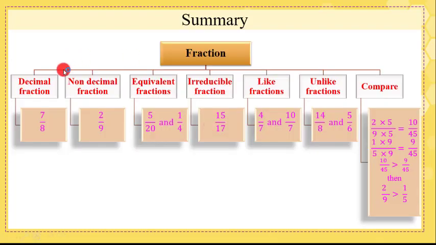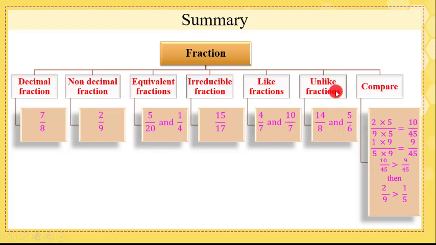Summary. A fraction can be a decimal fraction like 7 over 8 or a non-decimal fraction like 2 over 9. Equivalent fractions like 5 over 20 and 1 over 4. A reducible fraction like 15 over 17. Like fractions, for example, 4 over 7 and 10 over 7.